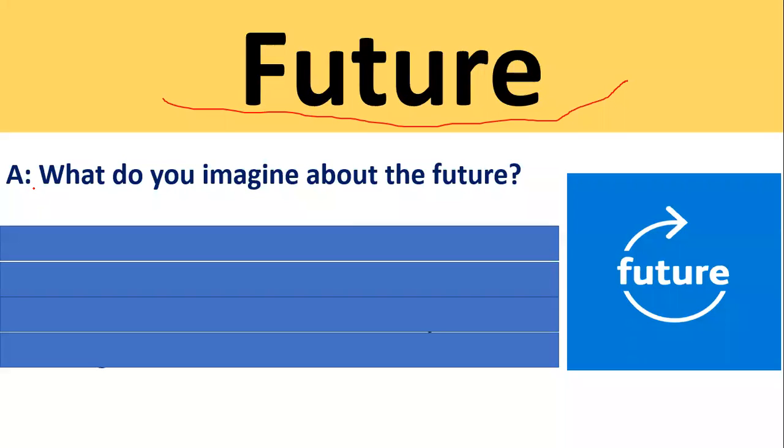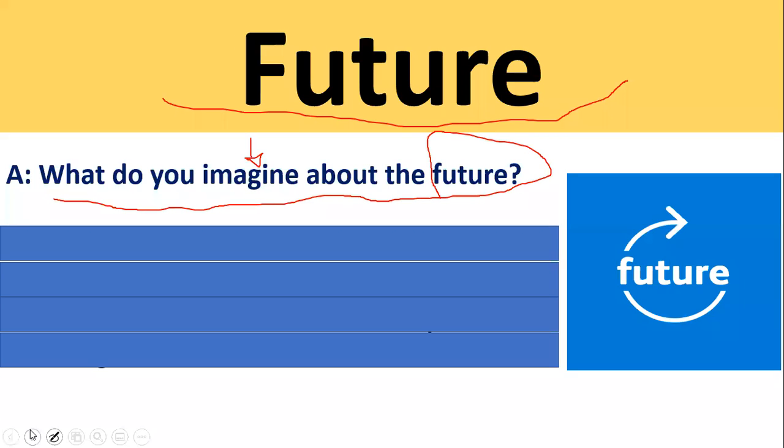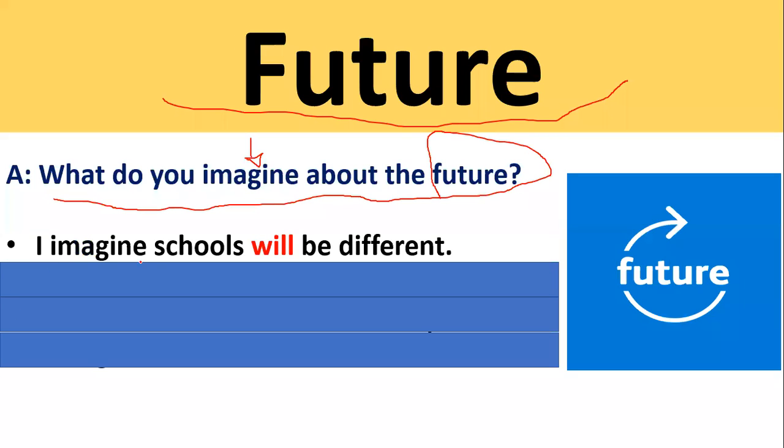So I want you to answer this question. It says, what do you imagine about the future? Okay, it's only imagination. You don't have to be correct. For example, I imagine schools will be different.